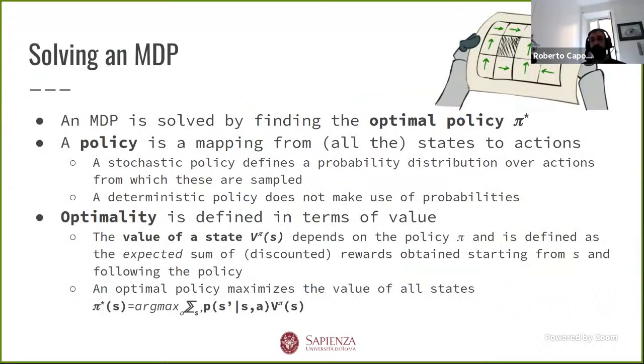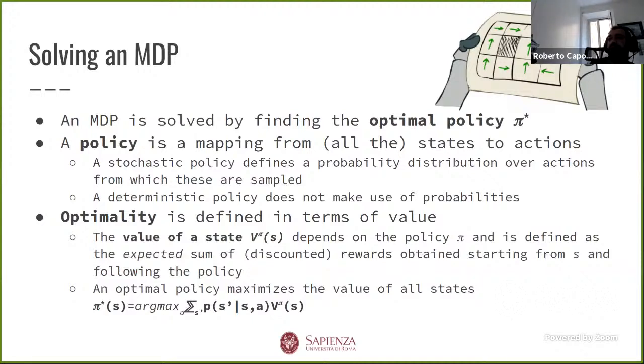In fact, solving a Markov decision problem typically implies finding the optimal policy pi star. A policy is a mapping from all the states to actions. You can have two kinds of policies: a stochastic policy and a deterministic policy. A stochastic policy defines the probability distribution of your actions, and actions are then sampled from this probability distribution.